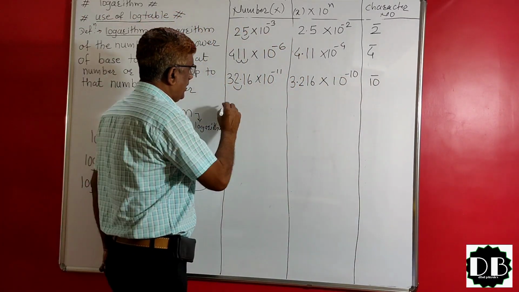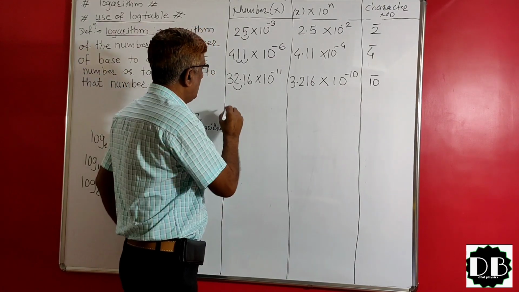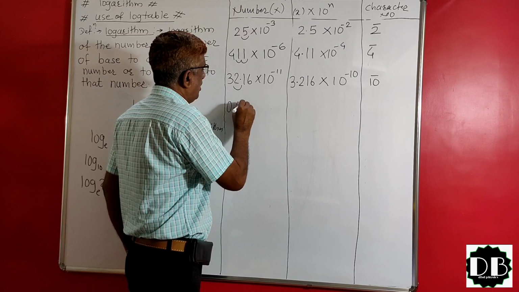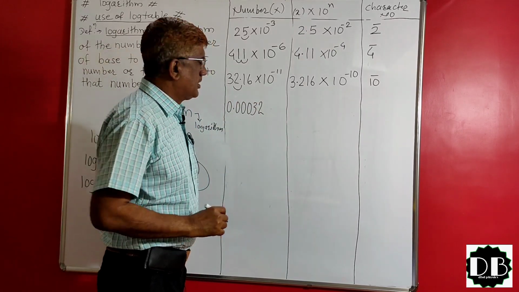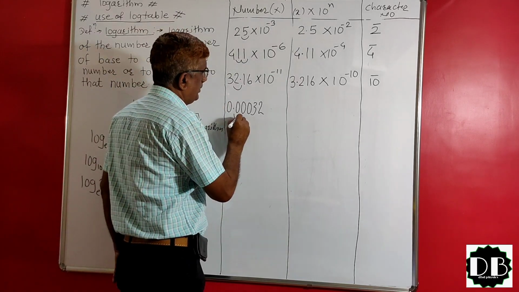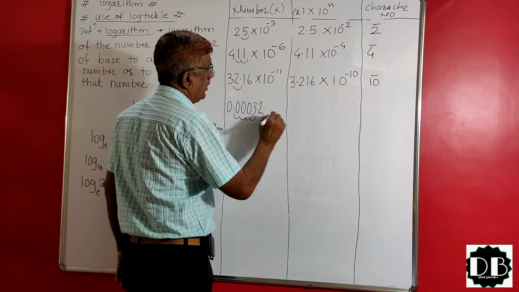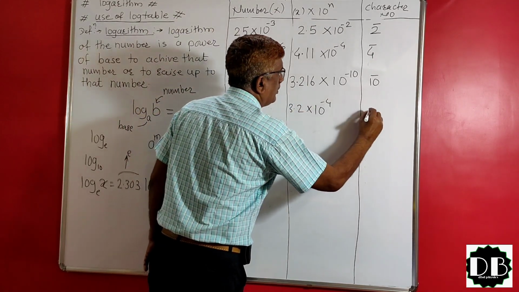If we have any number, we are going to take a random number now. 0.0032. We can see that we have to shift from left to right. 1, 2, 3, 4. 3.2 into 10 raised to minus 4.